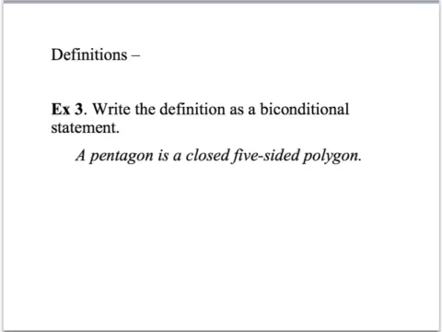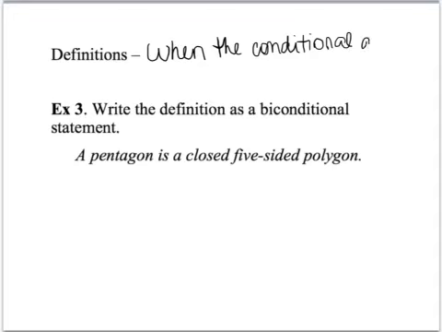Okay, when we first started talking about biconditionals, we said that in order for a biconditional to be true, the conditional statement had to be true and the converse had to be true. Well, when they are both true, that is when you have a definition. So the definition of definition is when the conditional and converse statements are true.